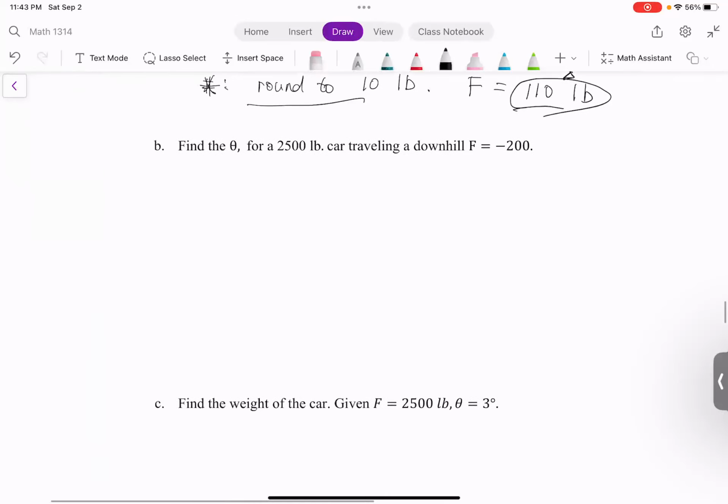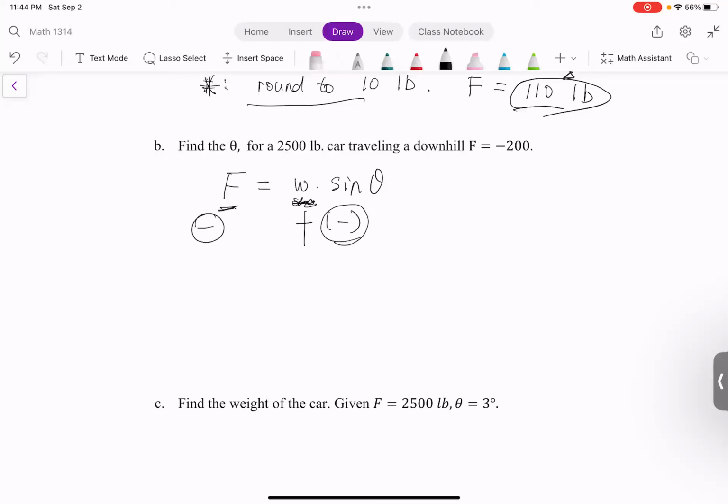Find theta for a 2,500 pound car traveling downhill. F equals negative 200. If F is negative 200, theta must be negative because we are moving downhill. List the formula: F equals W times sine theta. If F is negative and the weight is positive, a positive number times a negative makes a negative.